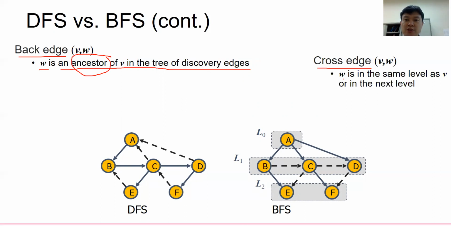The cross edge means W is in the same level as V, or it is in the next level. For example, C will not check A because it is the parent, but C will check E, because E was already visited by B, so you cannot visit E again. So it will be the same level or the next level.